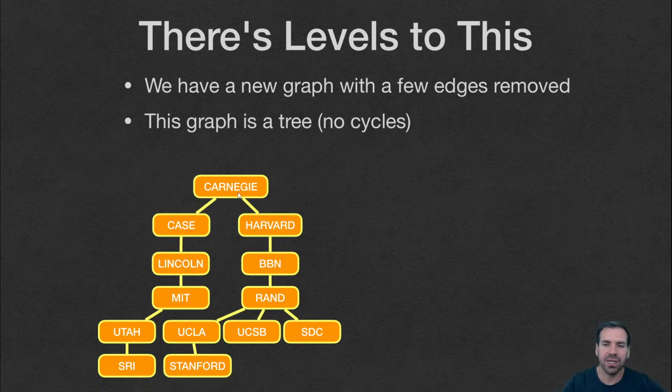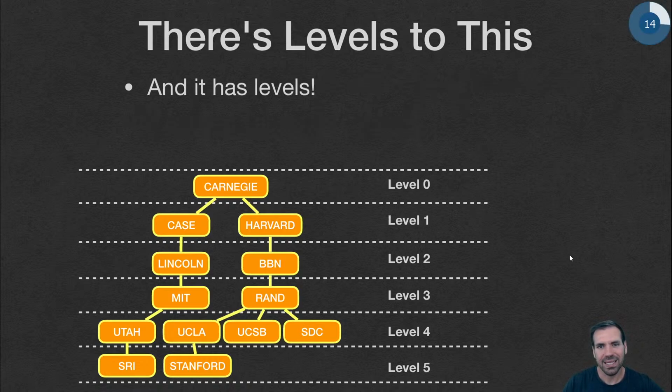So we have a tree, no cycles in this thing. And it's got levels. The way we drew these visually, lower every time we traverse an edge, if we label these as levels, starting at the root, if I'm going to call this a tree, starting with the starting node as level 0, and then each time we traversed an edge, going down, we call that the next level.